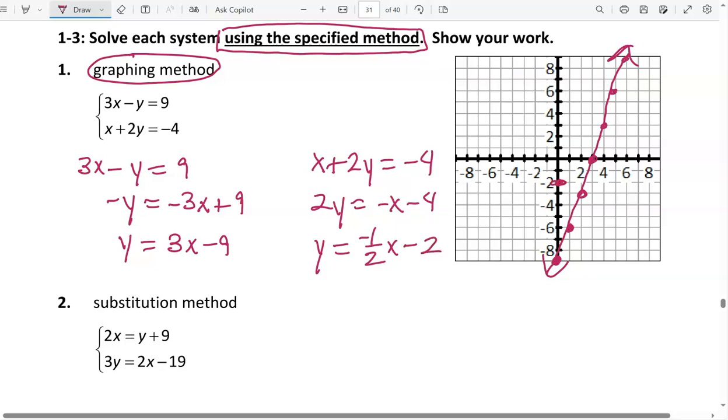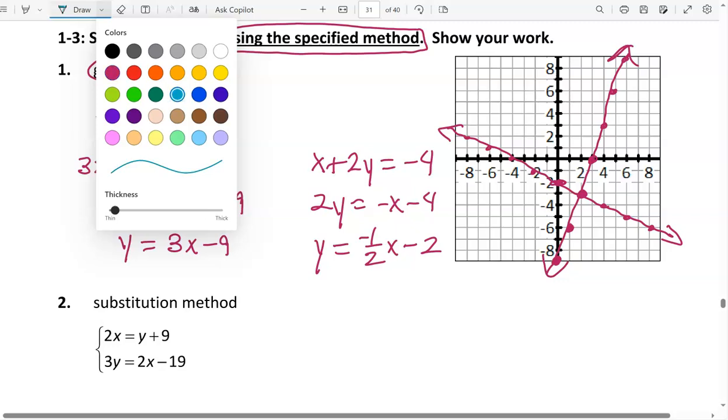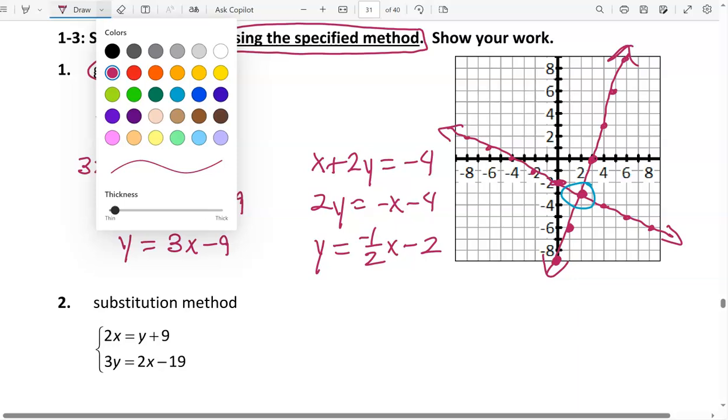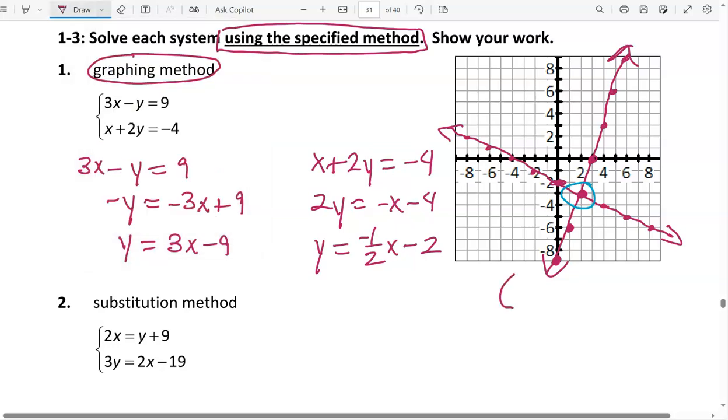Y-intercept of -2 and a slope of -1/2, which means down 1, right 2, or up 1, left 2. And then don't forget that we still need to give the solution, and the solution is that intersection point, which is the point (2, -3).